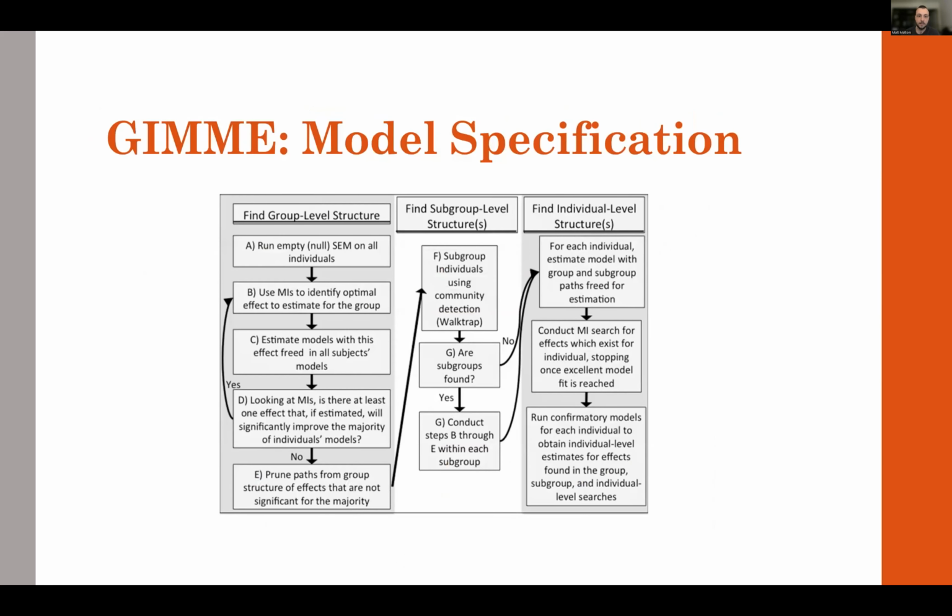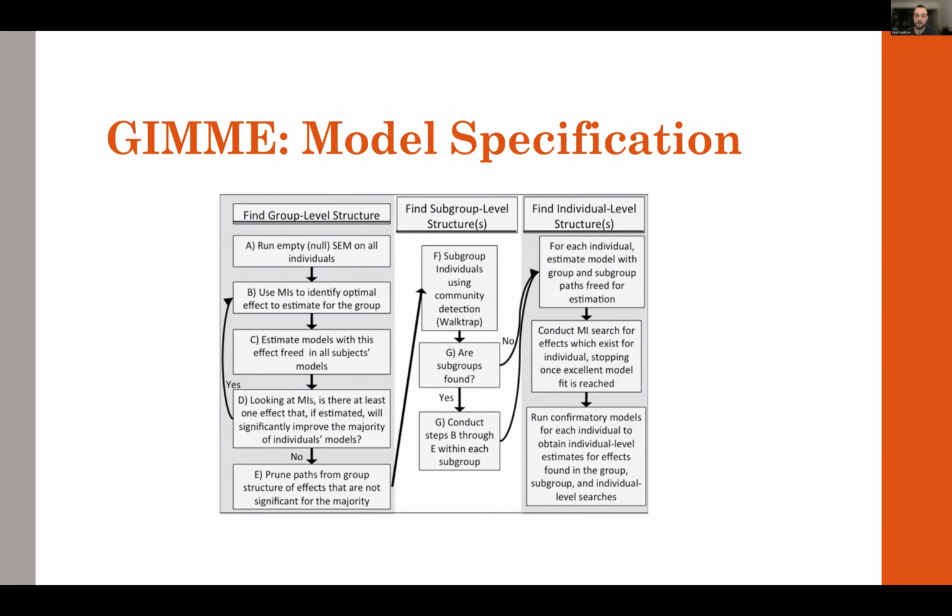And let's see if we want to talk about this. So behind the scenes, how this is working, it's all based on structural equation modeling. So when we say each individual gets a vote if that path exists or not, that's using what's called modification indices. And modification indices are essentially questions of, would the model fit for a single individual improve if we freed a certain path?